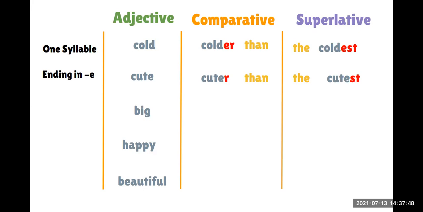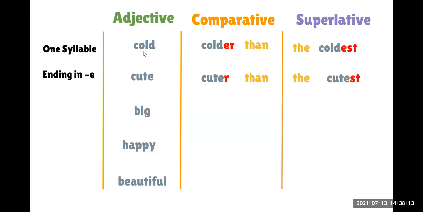So small is in this group, right? The adjectives with only one syllable. Okay, so how many syllables do we have in big? One. Only one, right? But what is the difference between this adjective and the others? What do you think is the difference?